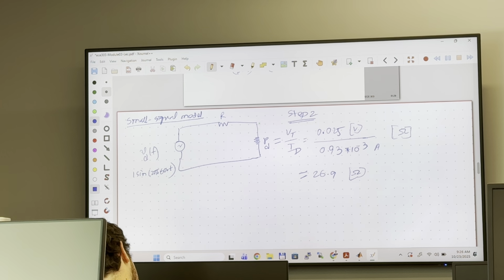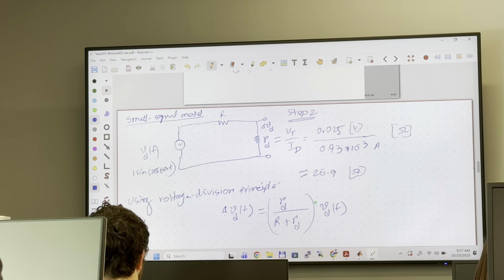So delta vd as a function of time is going to be RD over R plus RD times vs(t), using the voltage division principle. Using the voltage division principle, you get this.